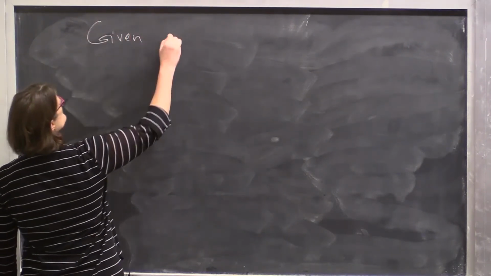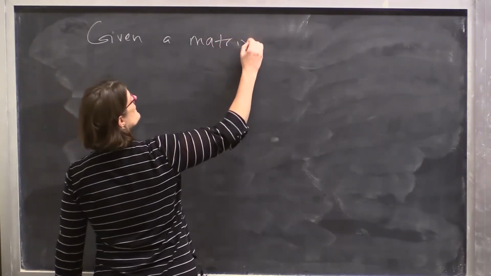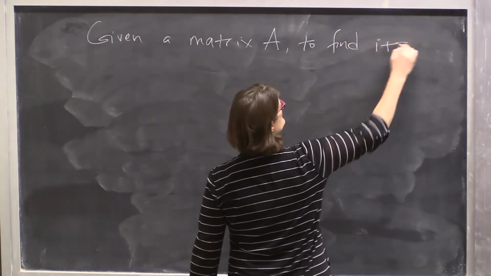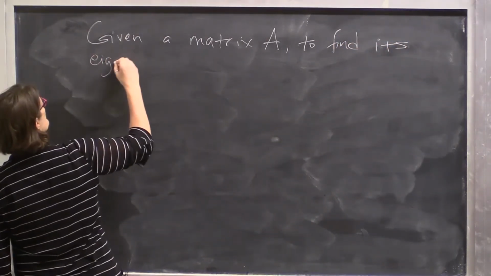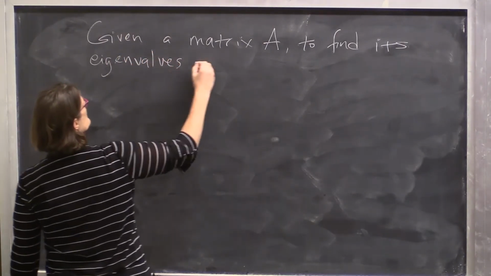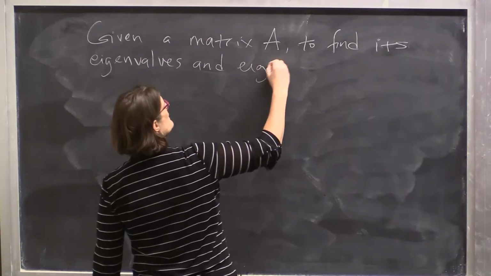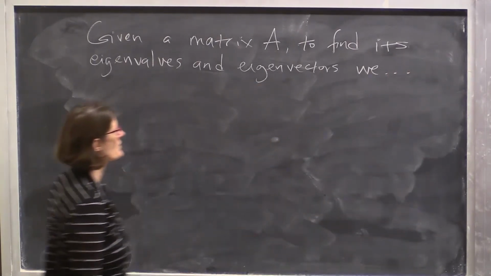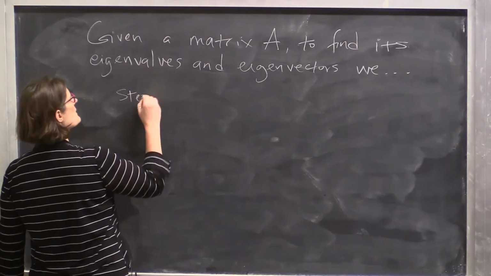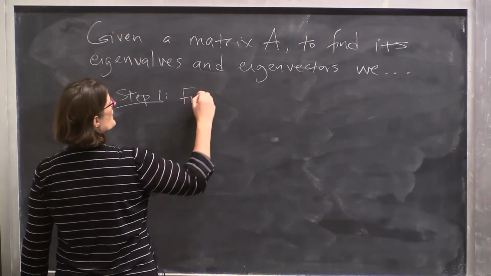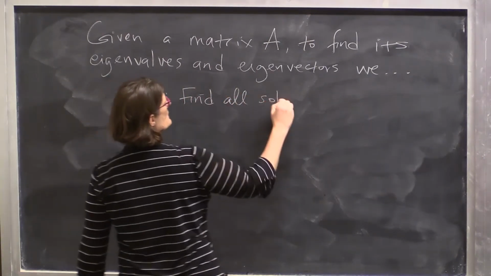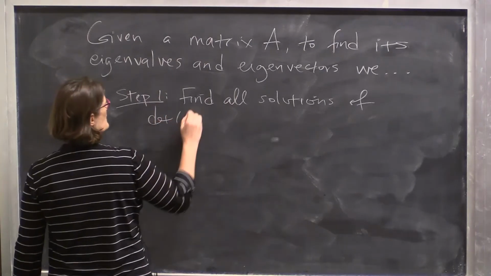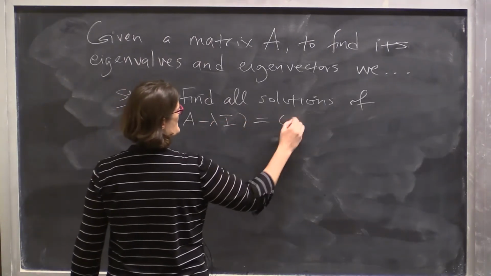So given a matrix A, to find its eigenvalues and eigenvectors, step 1, find all solutions of the determinant of A minus lambda I equals 0.